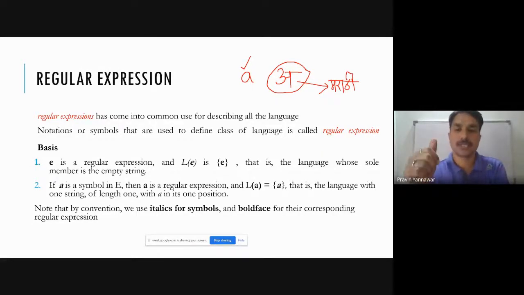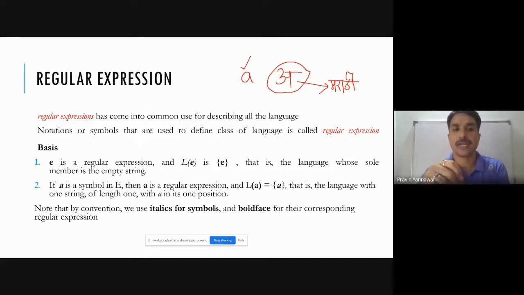Every language works on, first, a set of alphabets, and the second is grammar. Grammar we will take up later. If the expression comes into use for describing all languages, then the expression must be defined by some definition. What is that definition?